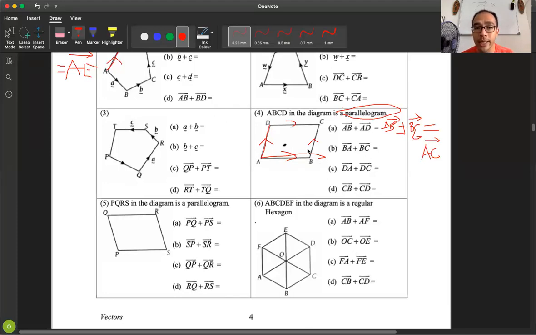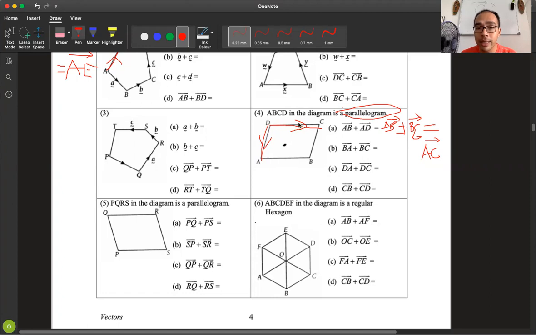Let me do question C. DA to DC. I'm going to rub this off. DA is this way, D to A. And then DC pula is this way. Again, both the vectors are not flowing. They are diverged, two different directions.